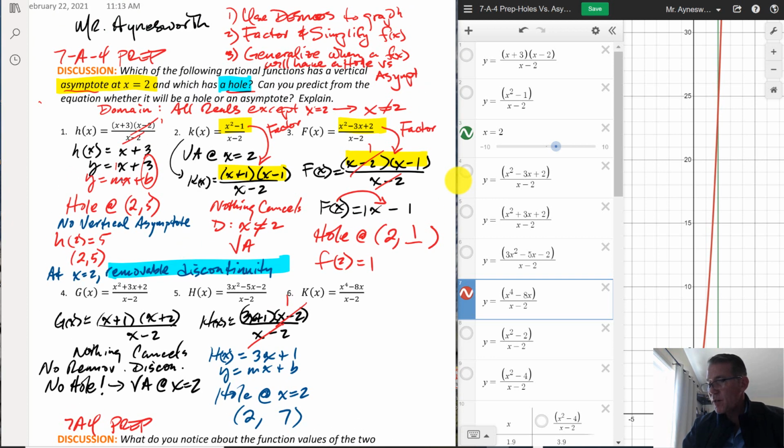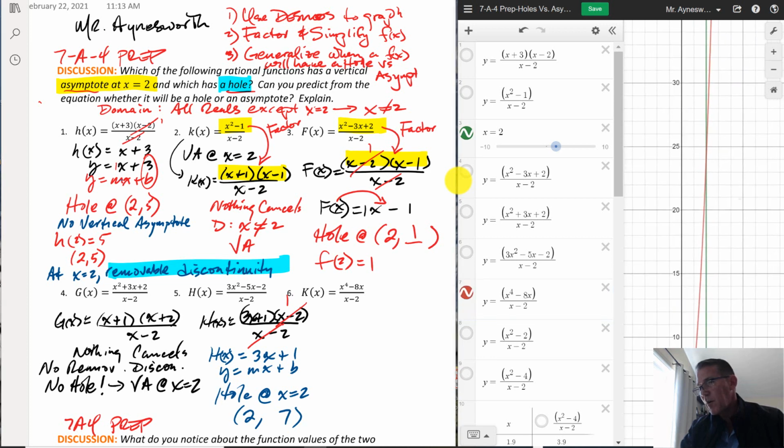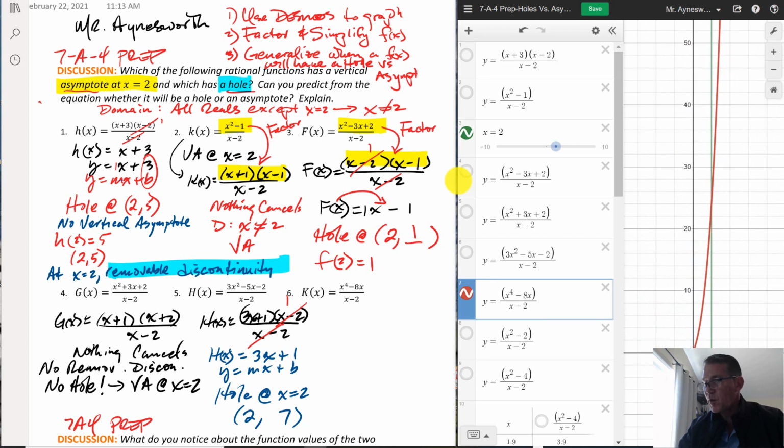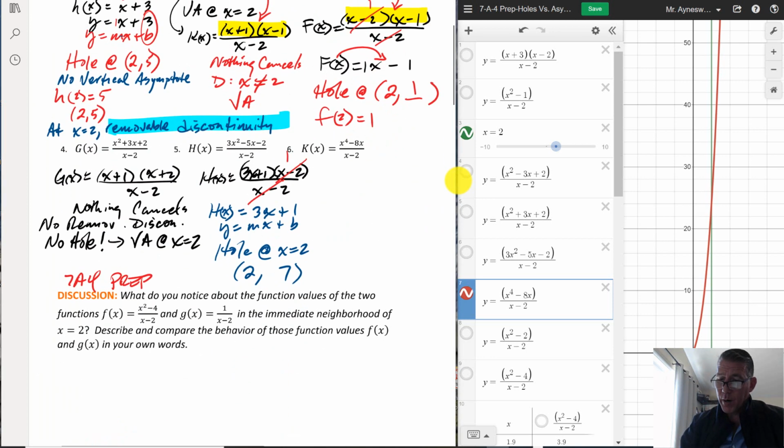There was no asymptote here. Initially it looked like there was, but when I expanded it and looked at a bigger portion of the graph, obviously the graph crosses the vertical line, so it's not asymptotic to that line, but there's a hole at 2. But you know why? So let's factor. So let's get k of x here.